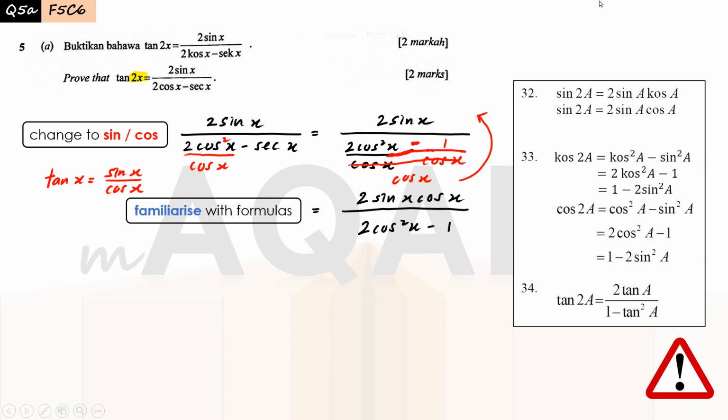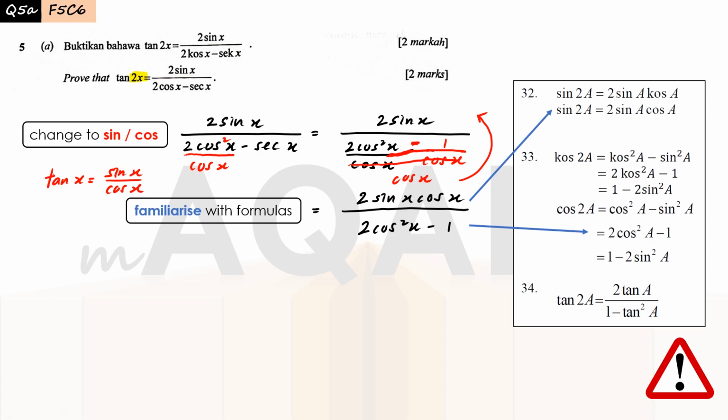So for example, if you look at the formula sheet here, for 2 sine x cos x, you'll be able to link that, oh, this is sine 2x. 2 cos square x minus 1, you'll be able to link that, oh, this is cos 2x, instead of looking to the formula sheet and finding the formulas.